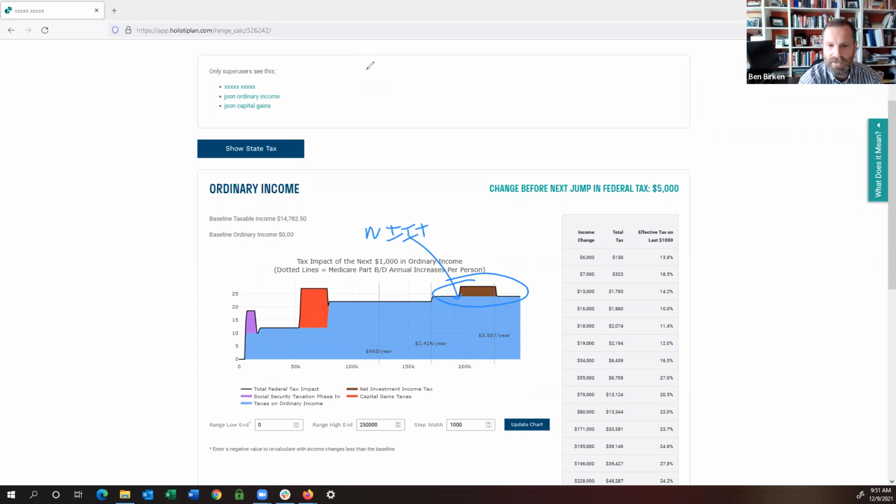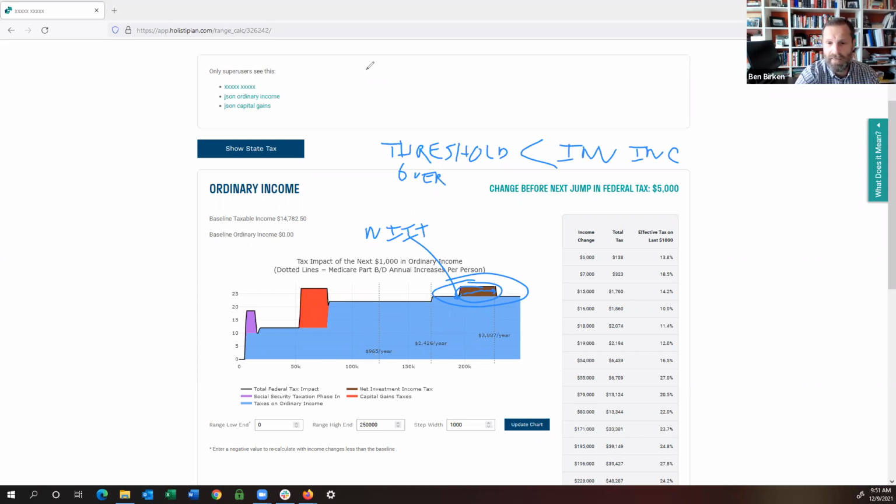Adding additional amounts of ordinary income in here will be hit with a 3.8% tax, because in this range, the amount that we're over the threshold, so the threshold overage, is less than investment income. Right? That's what's happening within this range. The amount that we're over the threshold is less than the investment income. So that's where the 3.8% tax is going to be applied.